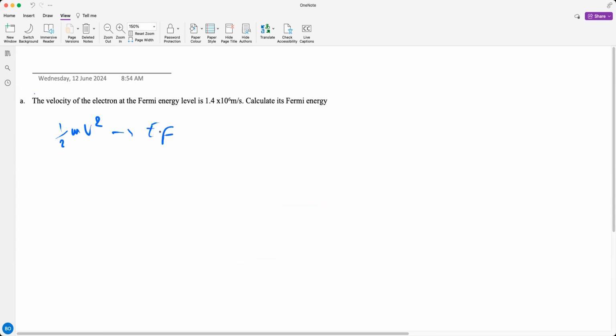So what is 1/2 mv squared? Well, 1/2 times 9.1 times 10 to the minus 31, and the velocity is 1.4 times 10 to the power of 6.